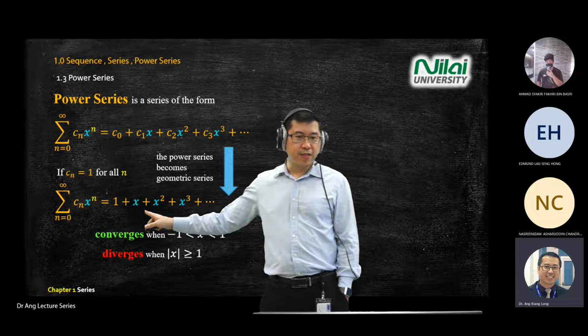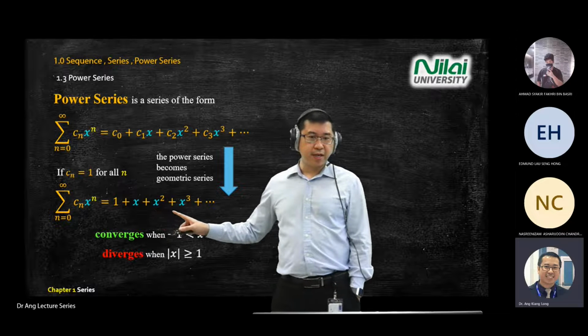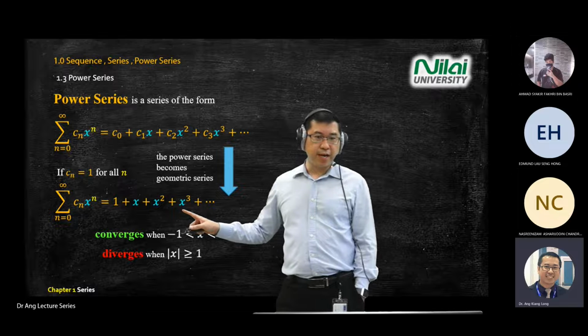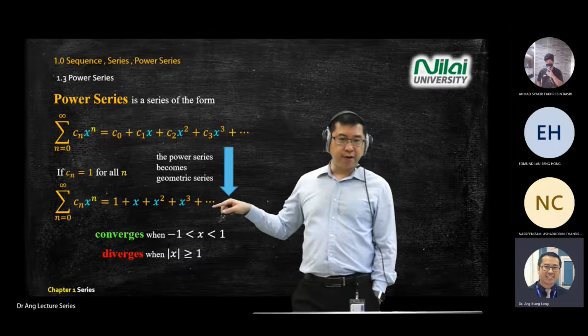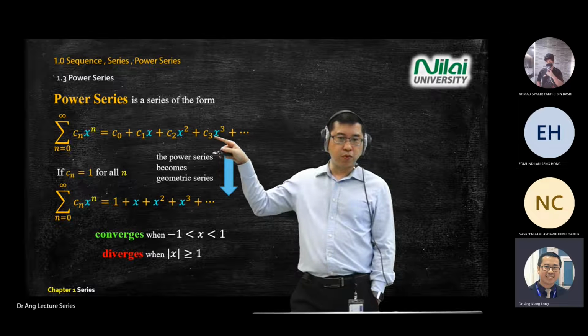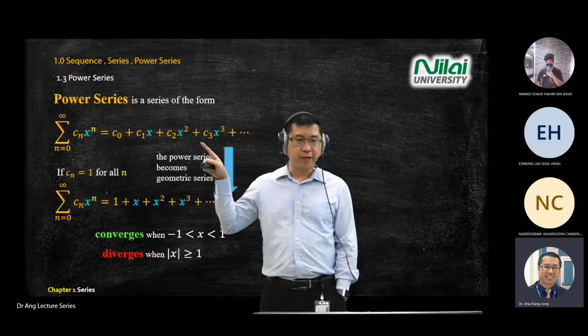The first one is n equal 0, the second one n equal 1, the third one n equal 2, then the fourth one n equal 3. So have an observation of what happened to the power series. This is important for this morning.